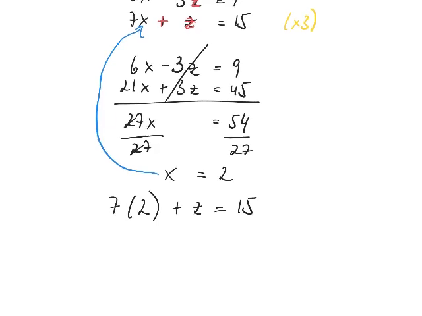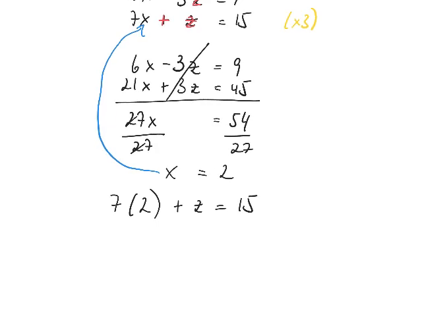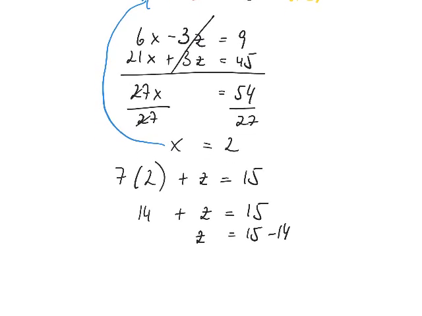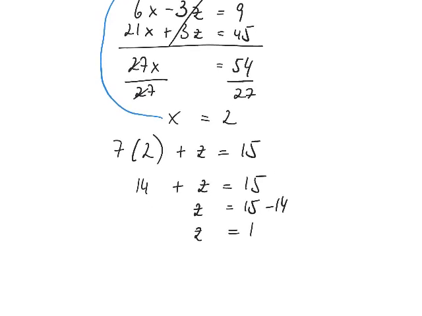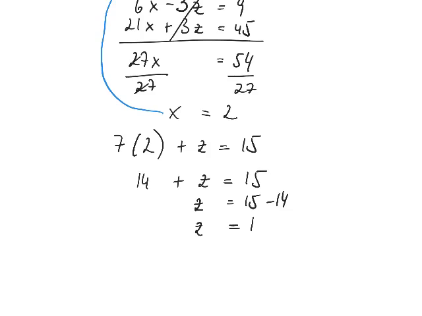So 7 times 2 is 14, plus z equals 15. I bring the 14 over, 15 minus 14, and z equals 1. Okay, so I found the x and the z, and now I need to find y.